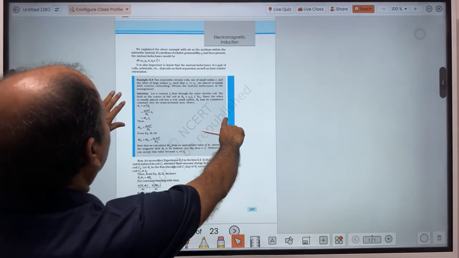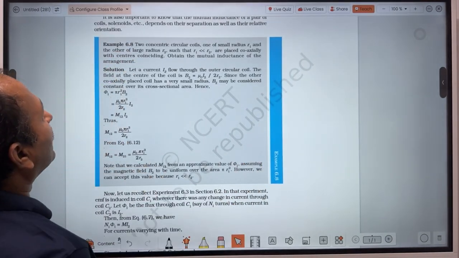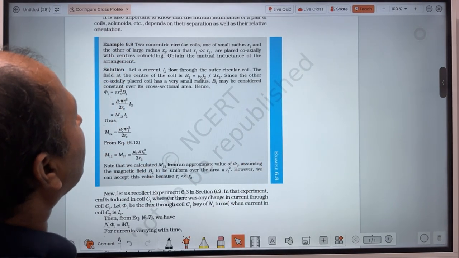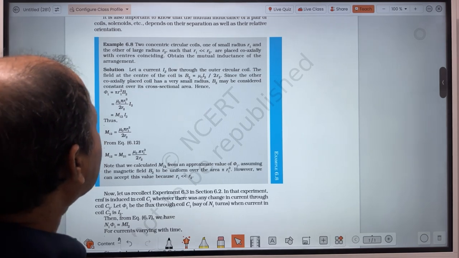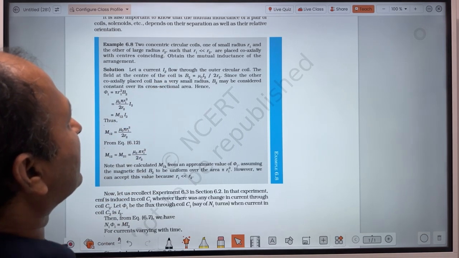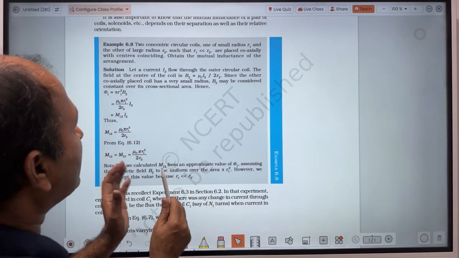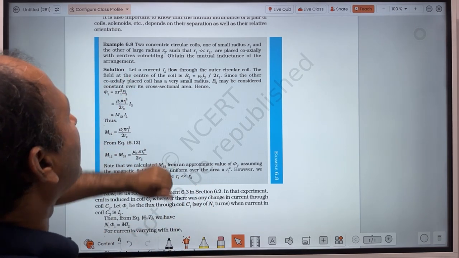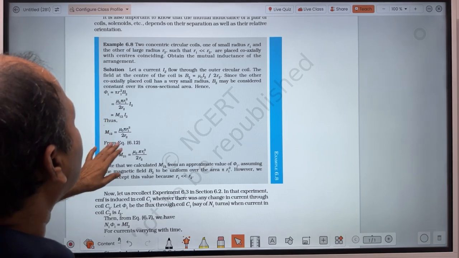So here the question says two concentric circular coils, one of small radius R1 and the other of large radius R2, such that R1 is less than R2, are placed coaxially, means their axis is the same, with centers coinciding, the center of the two are the same. Obtain the mutual inductance of the arrangement.